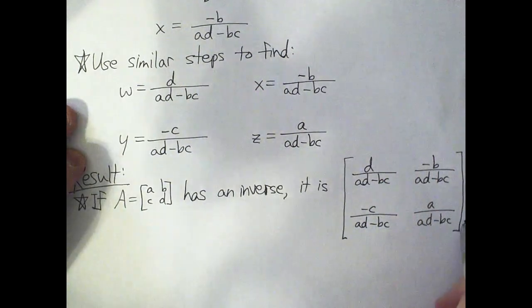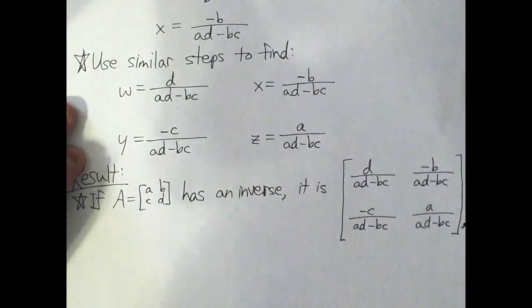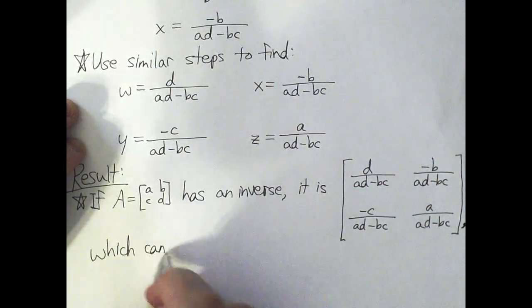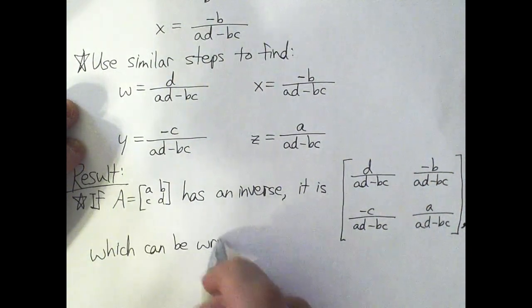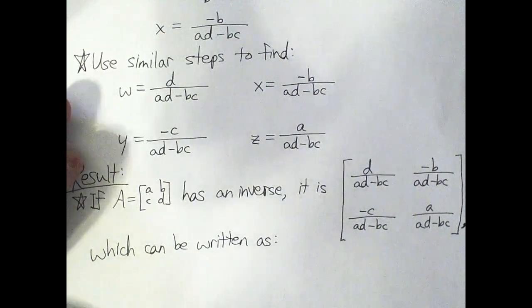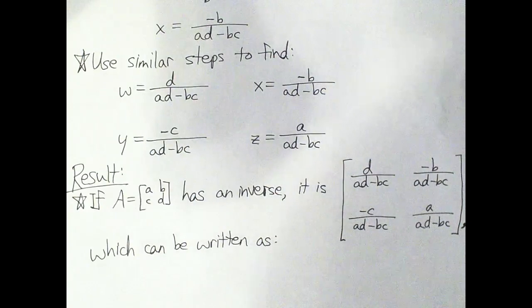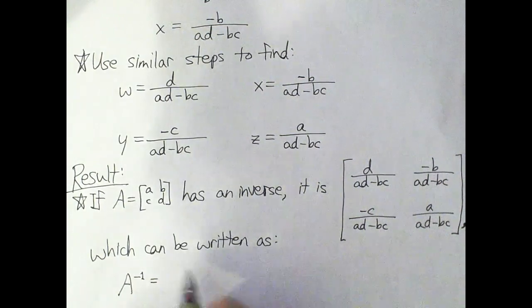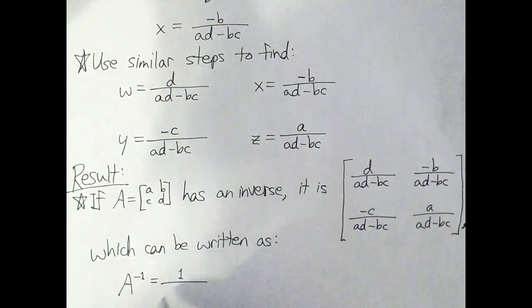Which can be written as, what if we say all 4 of those entries have the same denominator? So maybe we would say, let's just write A inverse equals 1 over AD minus BC times.